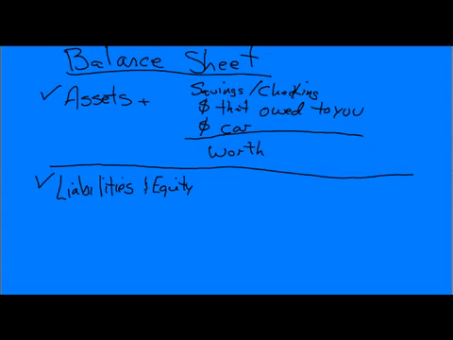Now your liabilities are obviously the exact opposite of that. So your liabilities would be your accounts payable, or dollars that you owe to somebody else. Sorry about that, my pen's not working real well all of a sudden. Anyway, that is dollars that you owe other people. That is a liability. In other words, dollars that you may have in the bank, but you're going to be paying out.